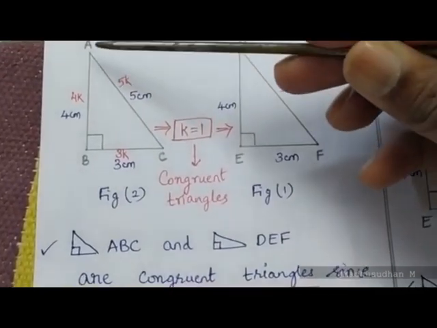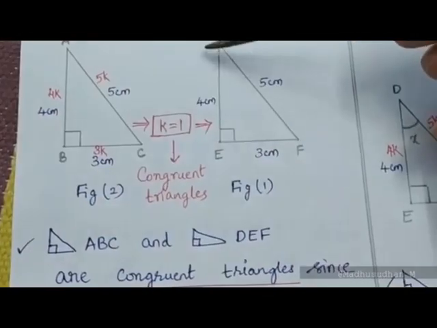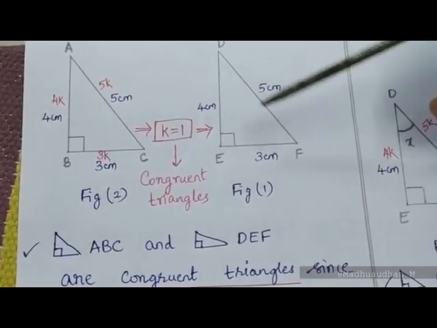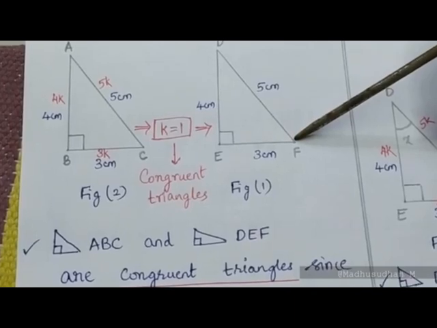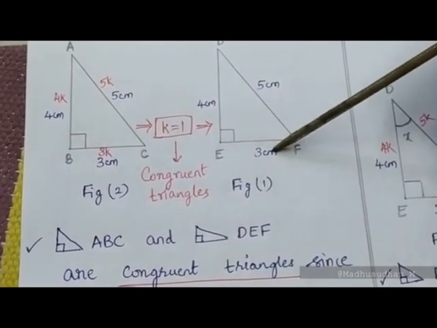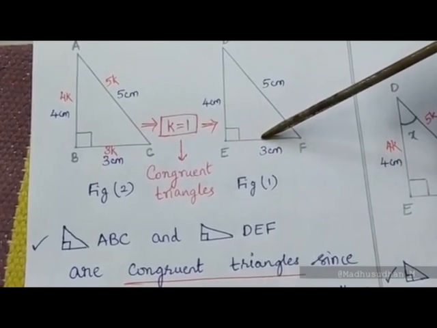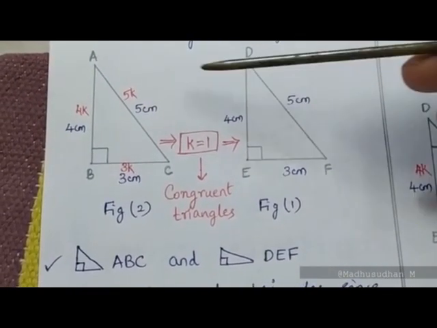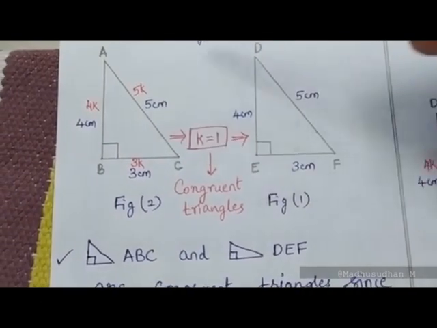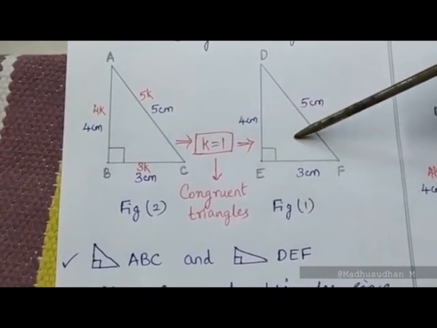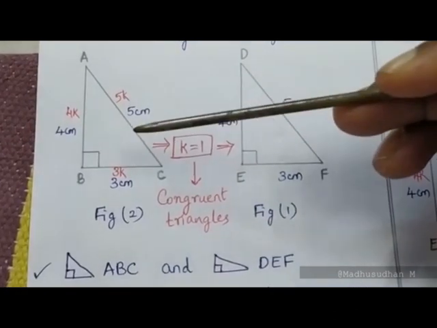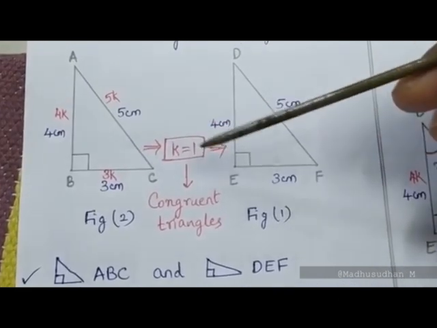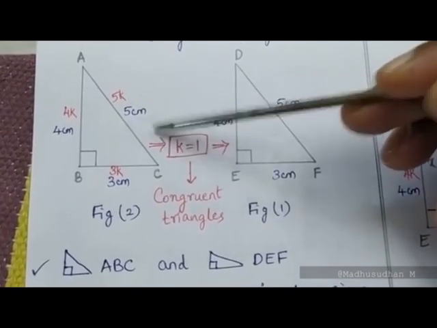So if AB is exactly equal to 4 and DE is also exactly equal to 4, AC and DF are exactly equal to 5 centimeters, BC and EF are exactly equal to 3 centimeters. When this triangle is cut and pasted above this triangle, the corresponding sides of triangle DEF exactly overlap on right angle triangle ABC, and it appears as though it is only one triangle.